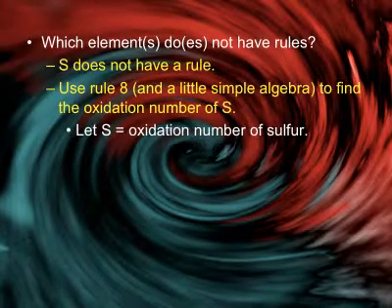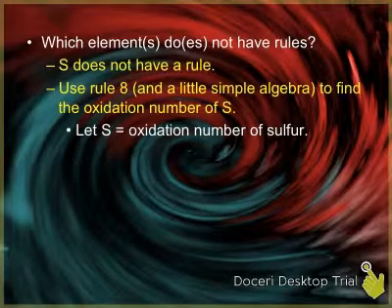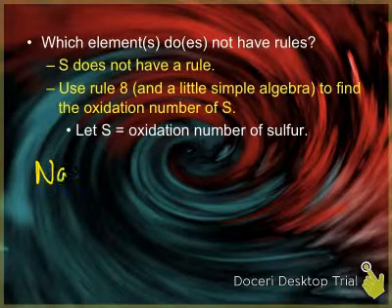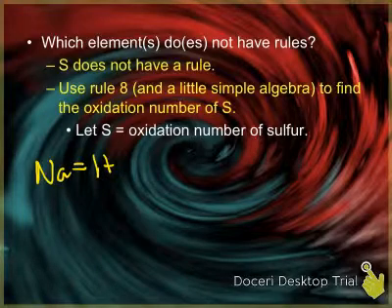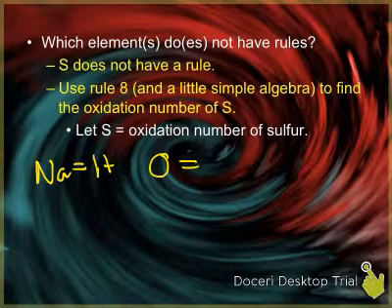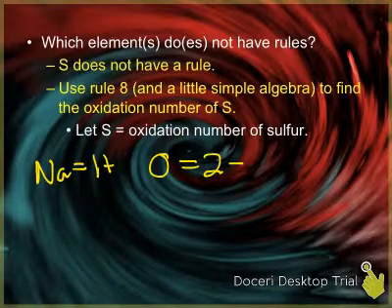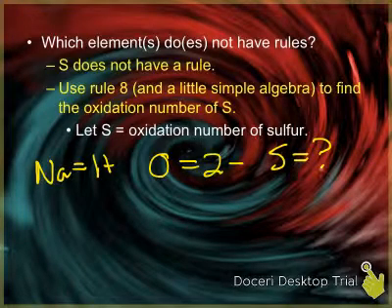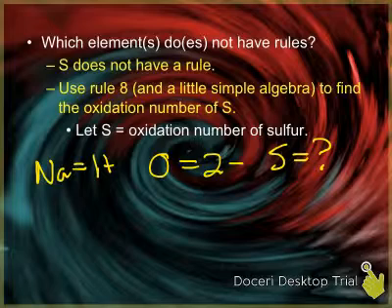So basically what we are going to do, we know sodium equals 1 plus. We know oxygen equals 2 minus following the rules, but we do not know what sulfur equals. So all we're going to do is a little bit of algebra. Okay, we know that this compound is Na2SO4, correct? And this is a compound, so we have to set this equal to 0, because it's not a polyatomic ion, right?